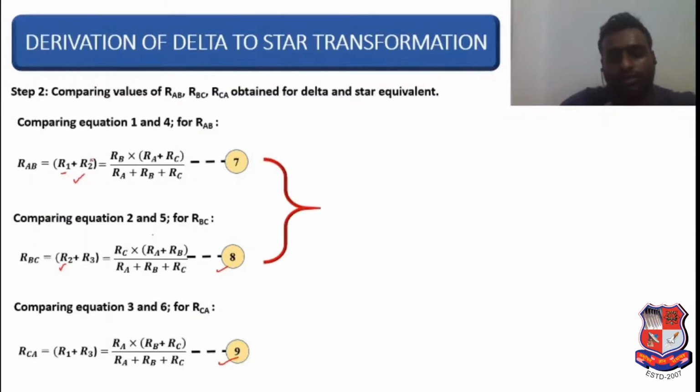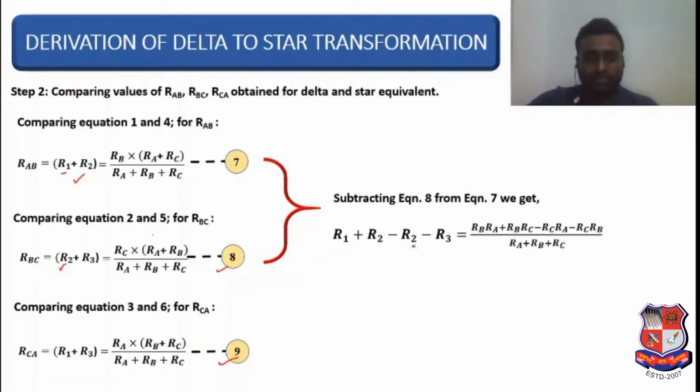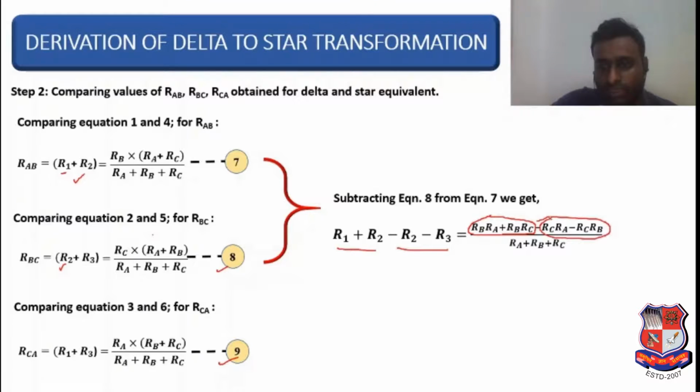Okay, so let us begin. Over here, subtract equation 8 from equation 7. So this much is equation 7 and this much is equation 8, and these two are subtracted.